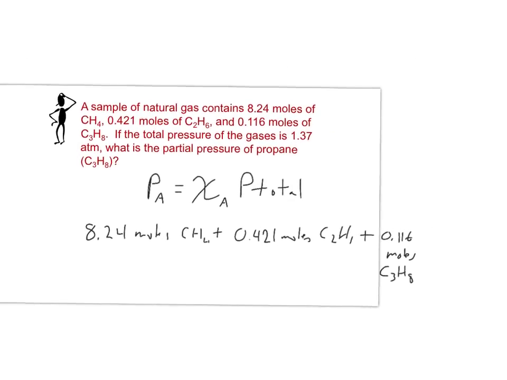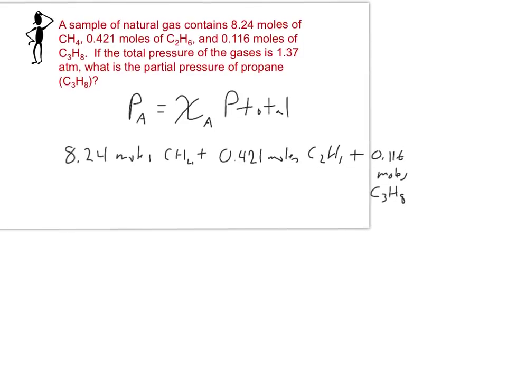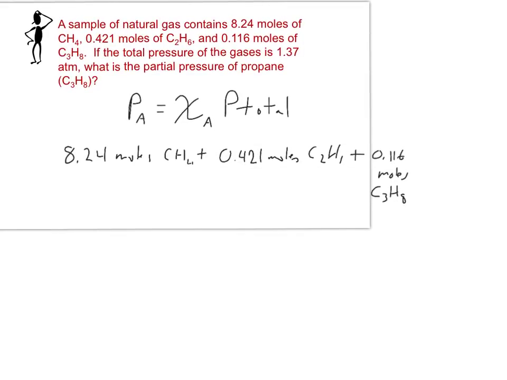Add everything up, that'll give the total moles, which is 8.777 moles. If we're going to be picky about sig figs, we need to track it to 2 decimal places, since this was an addition problem.